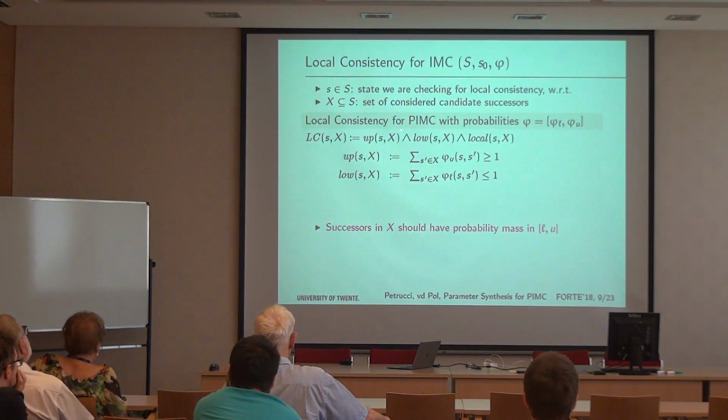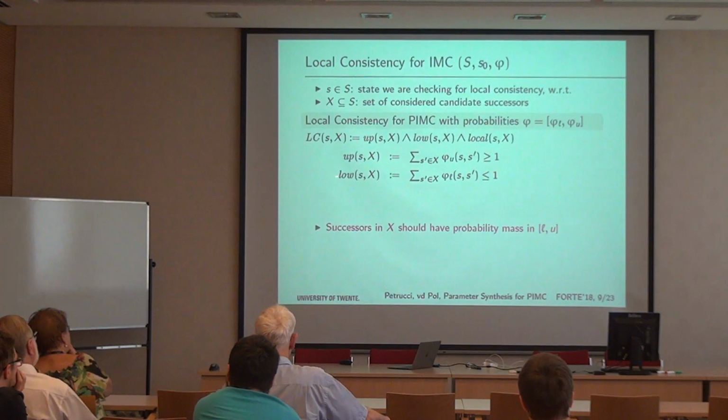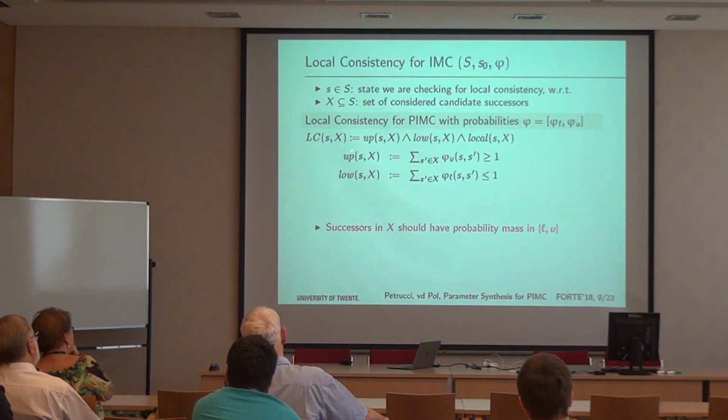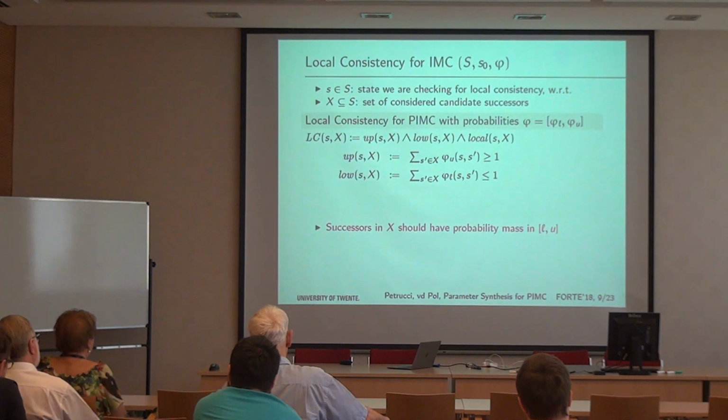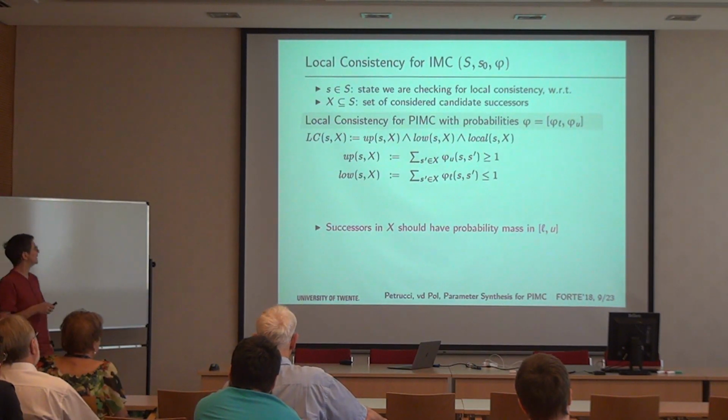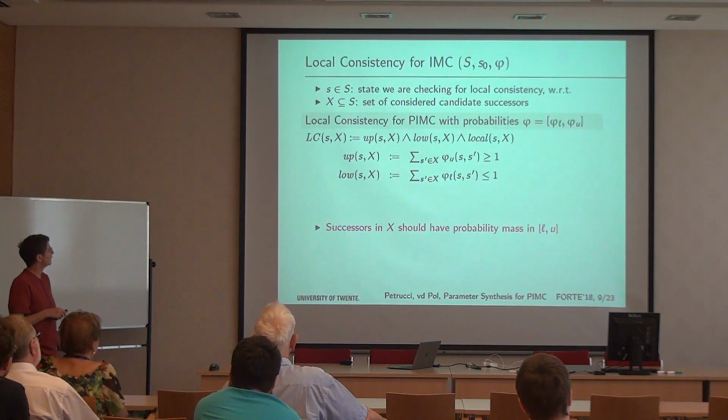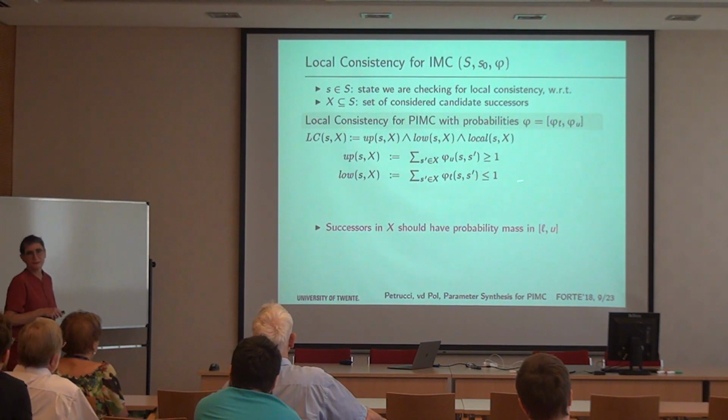So it's this property up of Sx. So if I add up all the probabilities that are outgoing from state S and that go to a state that is in my candidate successors, then I should have more than 1. So the upper bounds add up to something that is more than 1.